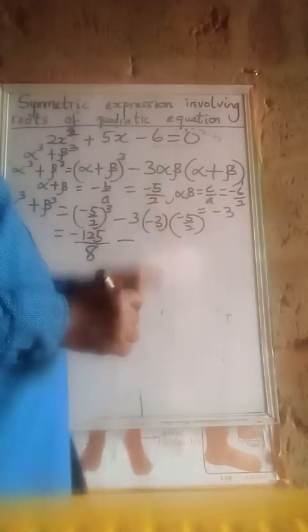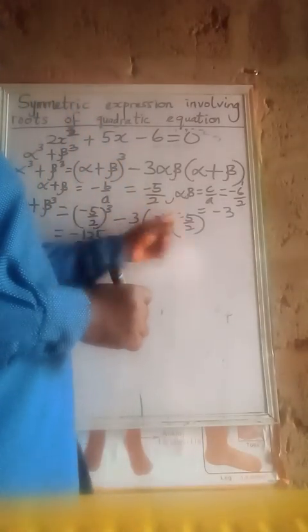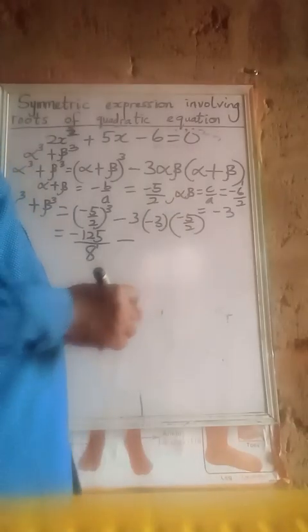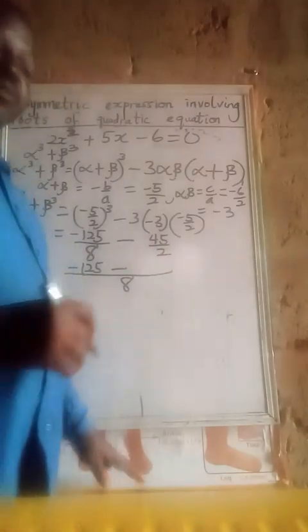Now 3 times 3, that is 9. 9 times 5, that is 45. Then all over 2. Now the LCM of 8 and 2 is equal to 8. 8 divided by 8, that will give us 1. Then 1 times minus 125, that is minus 125. Then minus 8 divided by 2, that is 4.